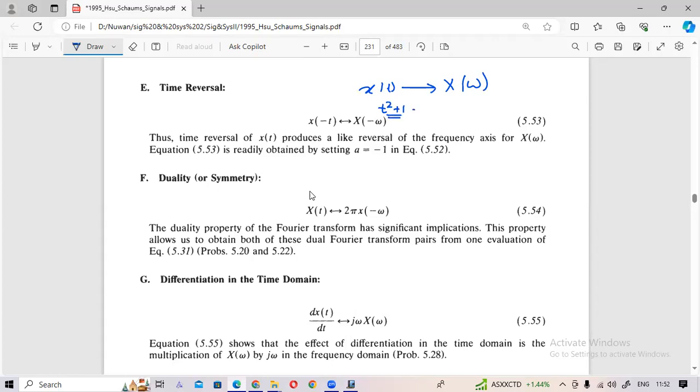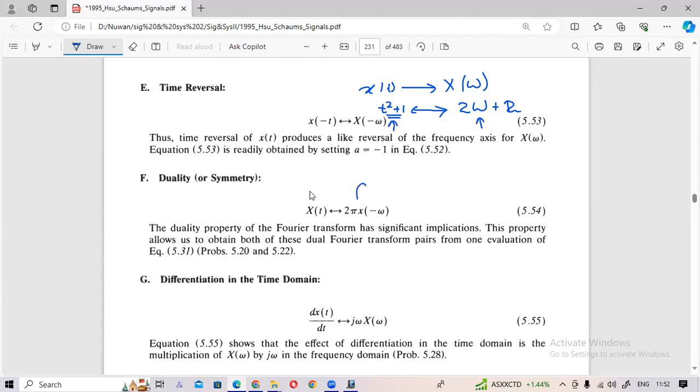If you get the Fourier transform of this signal, you will have, let's say, something like 2 omega plus 1, or plus 2 or something. This is not correct, I am just giving you an example. So this is the time domain signal and this is the frequency domain signal.